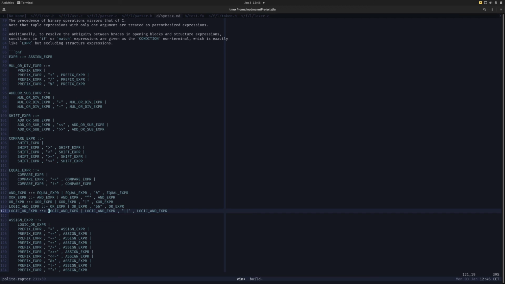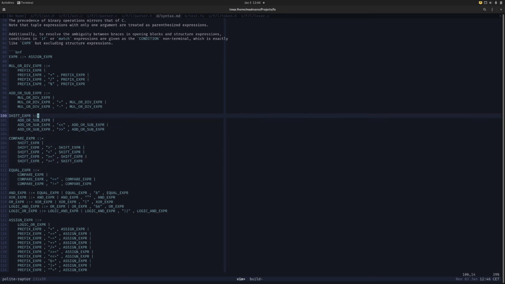To eat it, I would just call parse logic and expression. And then I figure, well, maybe what I have on the right is the symbol or, and if that's the case, then I eat it and I parse another logic and expression, and I create an or node with those two things. So these rules really reflect the algorithm that parses the actual grammar.